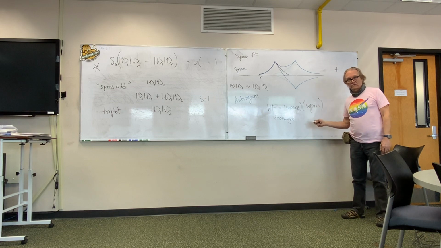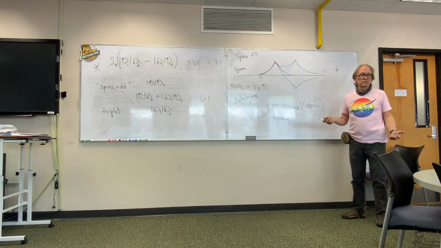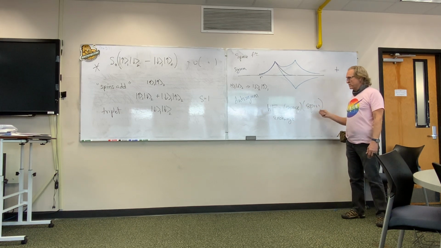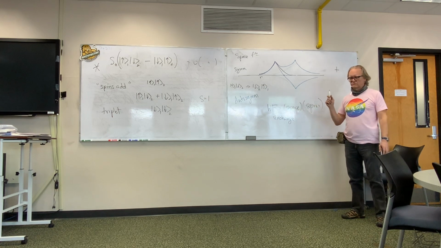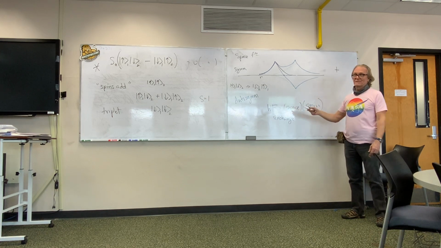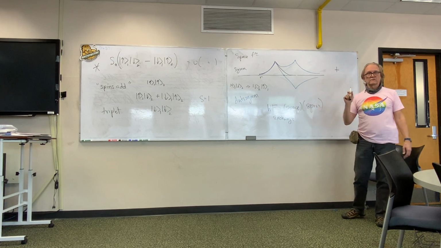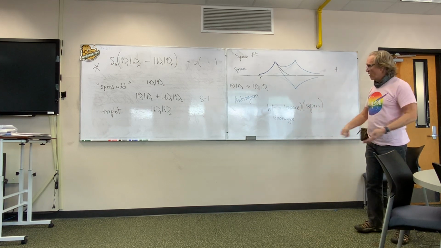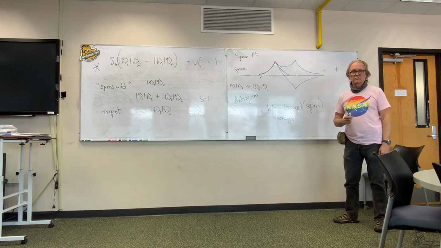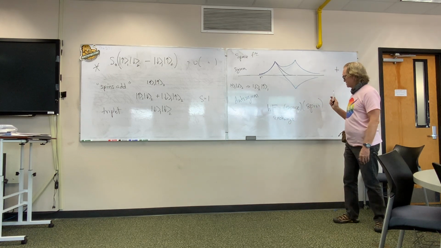Anti-symmetric times anti-symmetric is also symmetric. That seems sort of intuitive. If either of them, but not both, is anti-symmetric, then together the total wave function is anti-symmetric.